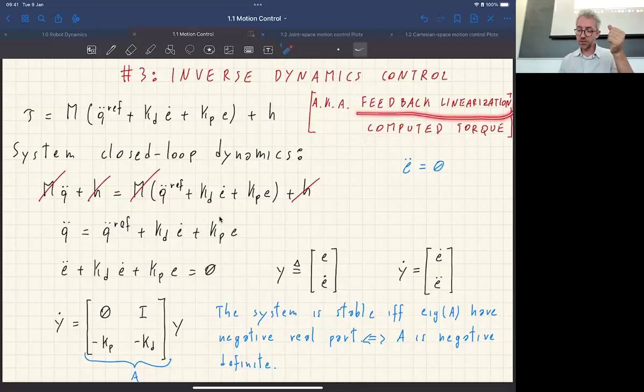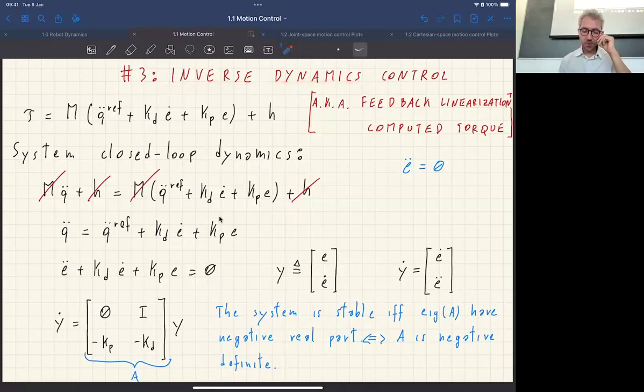Feedback linearization is a term coming from control theory, and it's a more general technique for many kinds of nonlinear systems. Computed torque instead comes from the robotics community, and it's a more old-fashioned terminology. People nowadays call this inverse dynamics control.